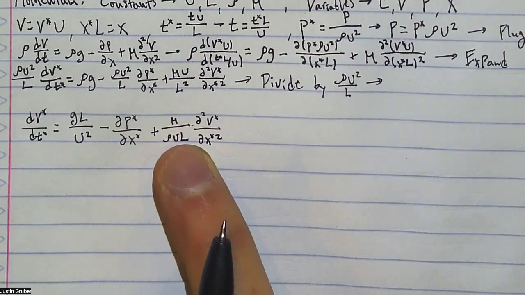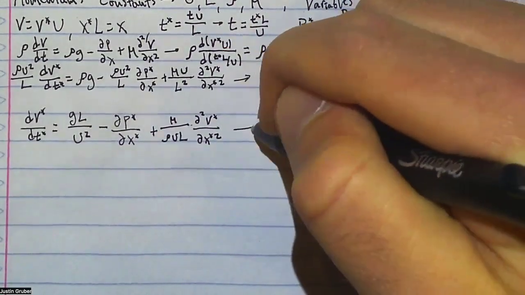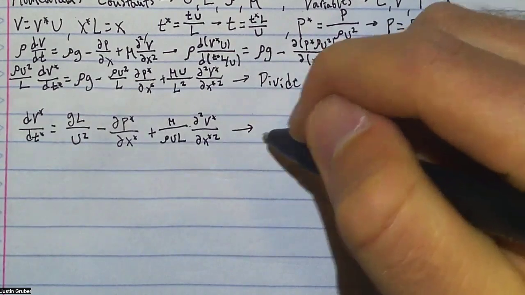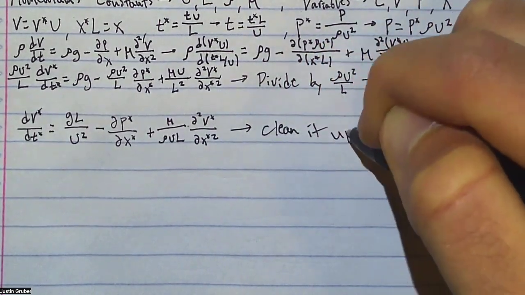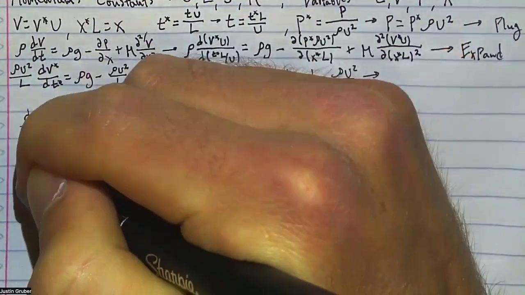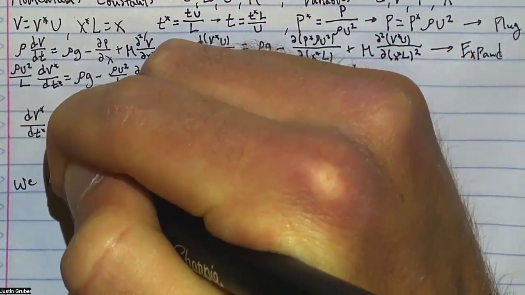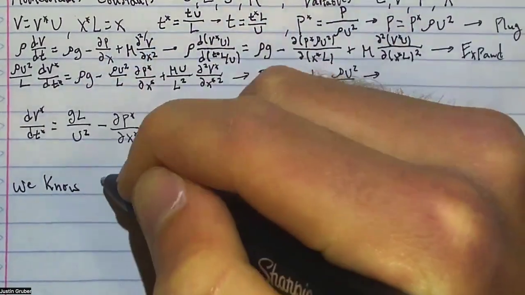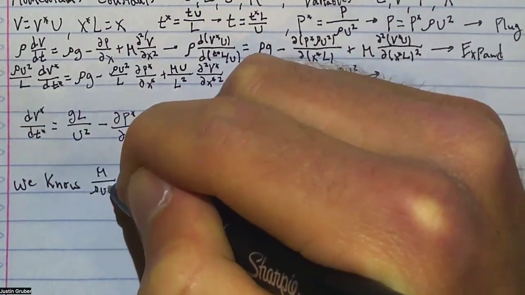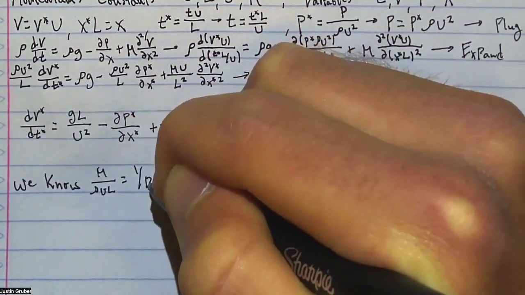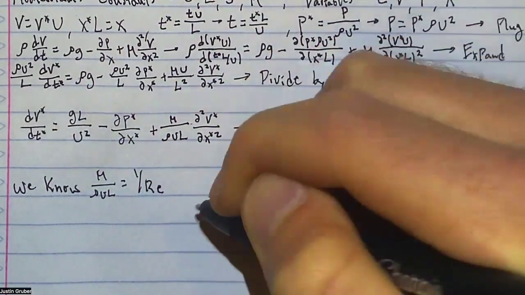It's 1 over Reynolds number. And so now we can say, let's clean stuff up. We know mu over rho UL equals 1 over Reynolds number, right?